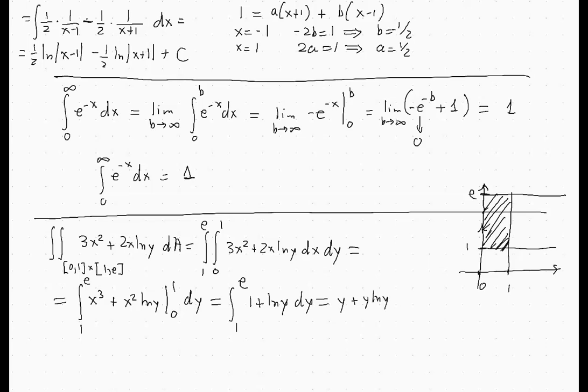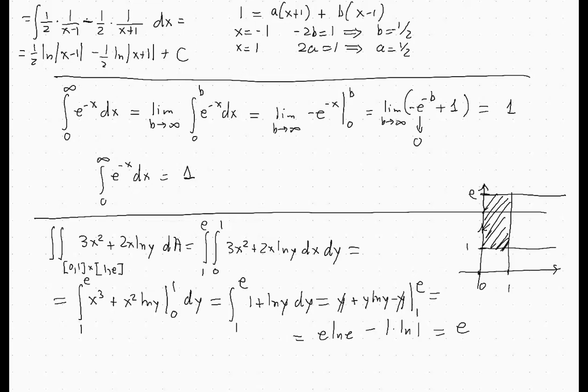So this y cancels with that y, and you get e ln e minus 1 times ln 1. Ln of 1 is 0, ln of e is 1, so this is going to be e. And that's our first problem.